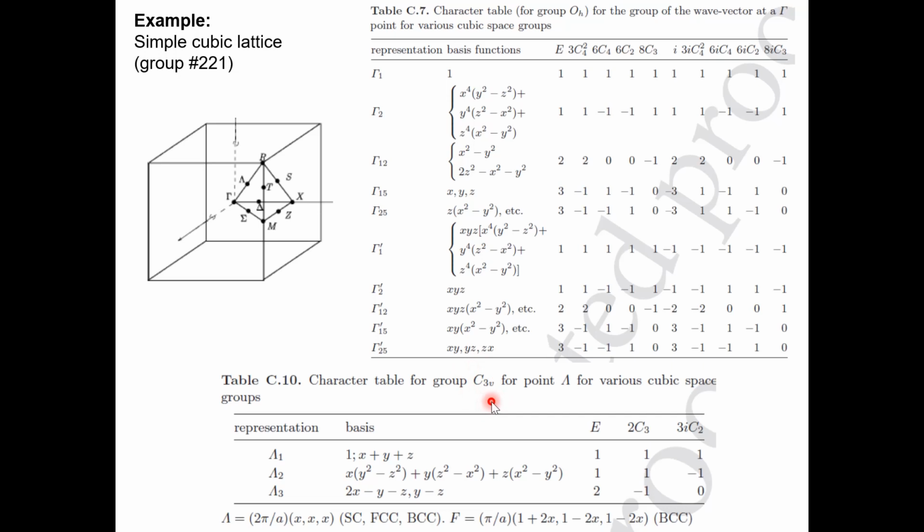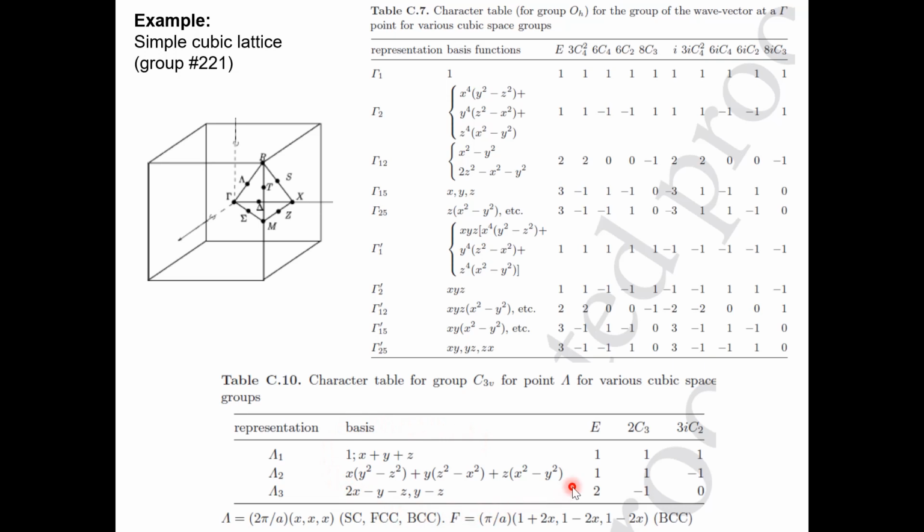Okay, and again, since this is a symmorphic group, basically what one does is, these are simply the character table for the C3V group that we have studied before, but these choices of basis functions are more convenient. We're going to analyze them by the end of this lecture.